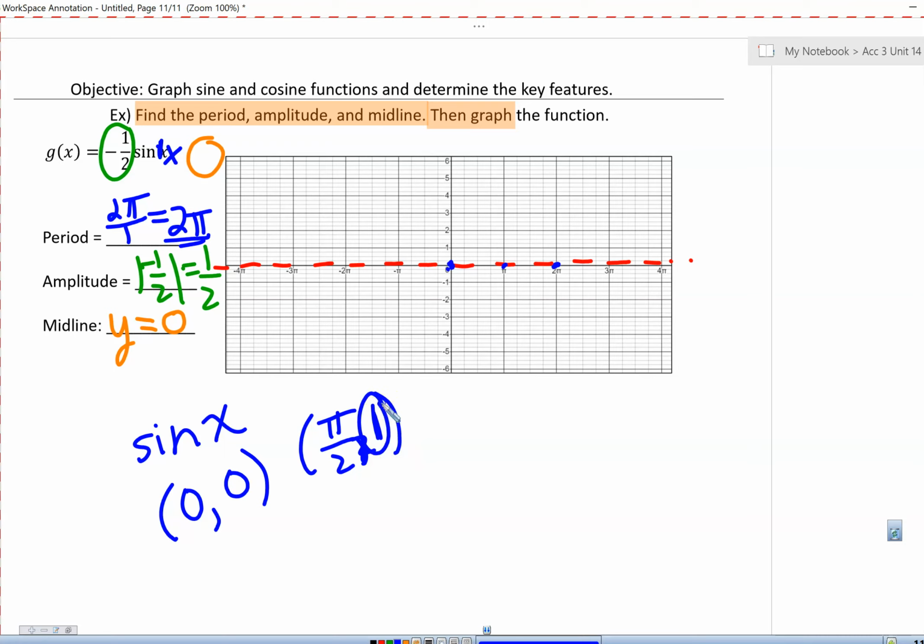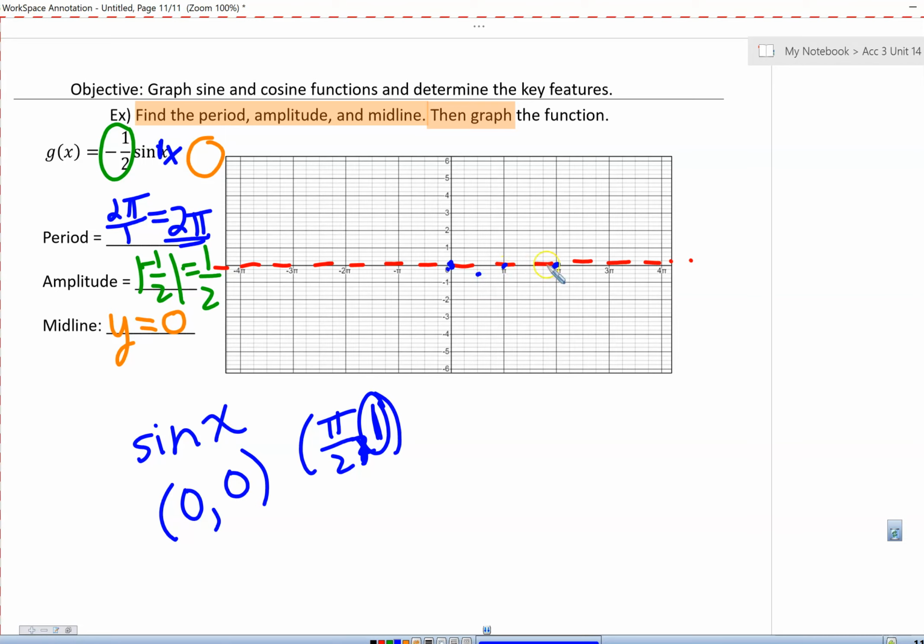This value is what's going to be affected by your a parameter. So we call the absolute value of that our amplitude, but you can also just look at it as, okay, this value right here, which would have been at 1, is going to be compressed by a factor of a half, and then it's going to reflect across the x-axis because of the negative value there, and it's going to end up right there.